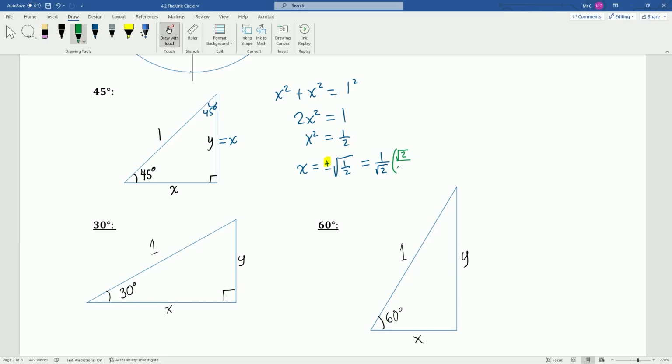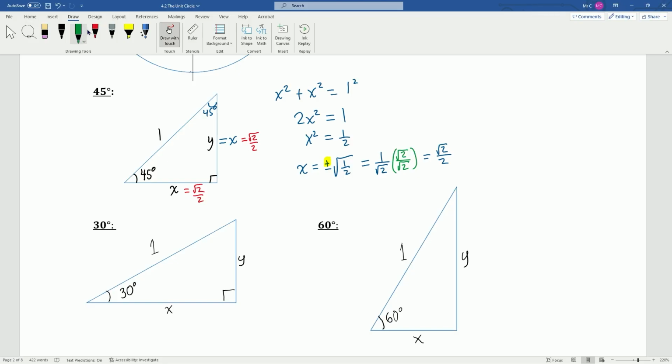So I'm just going to multiply by the square root of 2 over the square root of 2. I'm really just multiplying by 1 here. And this gives me root 2 over 2. So the key thing here is that I got root 2 over 2 for x, but both of these sides are equal. So I also got root 2 over 2 for my y value.